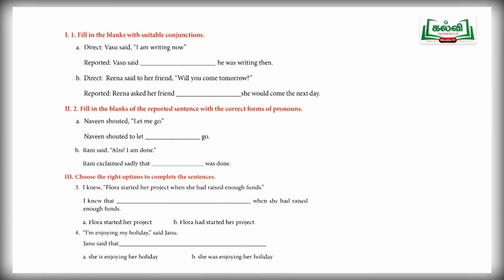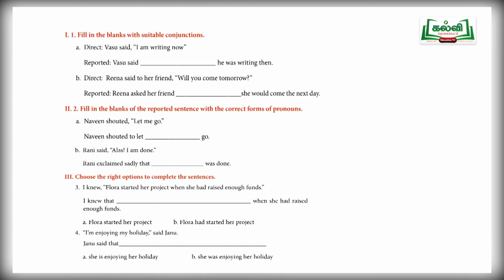It is "that", because it is a statement. Then B, direct: Reena said to her friend, "Will you come tomorrow?" Reported: Reena asked her friend, dash, she would come the next day. Here also the conjunction is missing. It is a yes or no question, so the conjunction is "if".